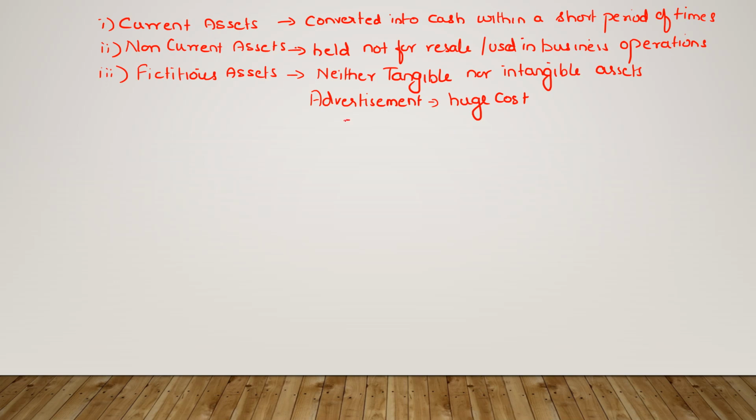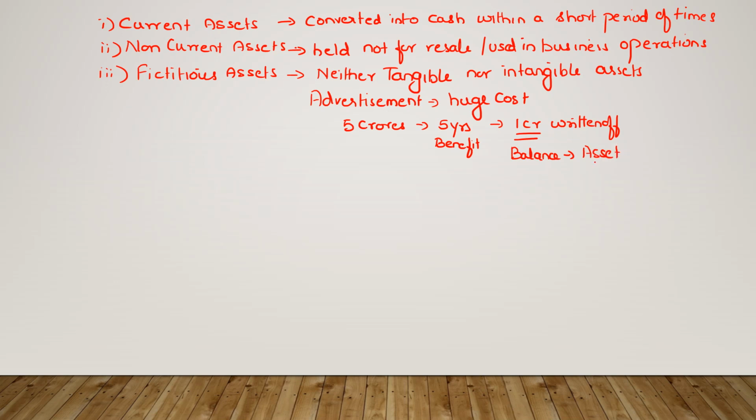Suppose they have incurred 5 crores as advertisement expenditure, and it is expected that the benefit would be available for the next 5 years. You are going to ensure that the sales would be high because of this huge advertising over the next 5 years. Then every year 1 crore would be written off, and the rest of the amount, the balance, would be kept in the asset as a fictitious asset.